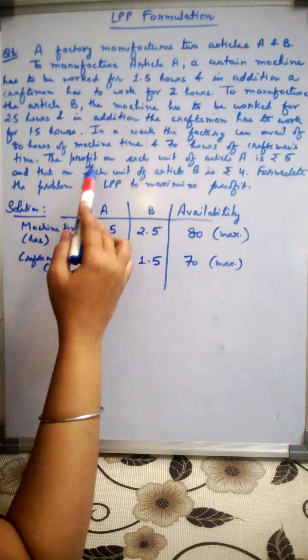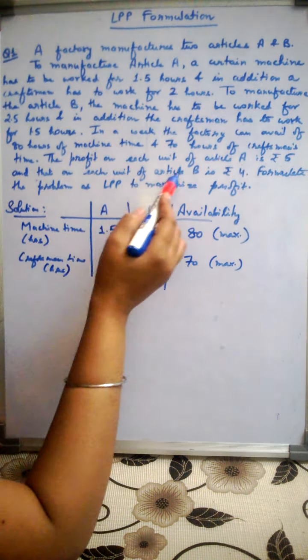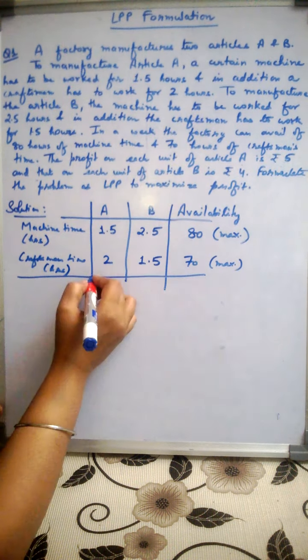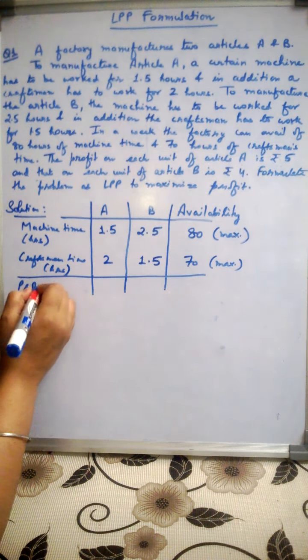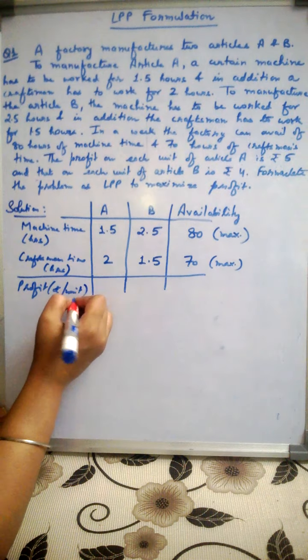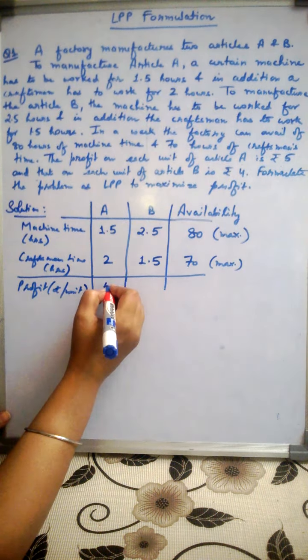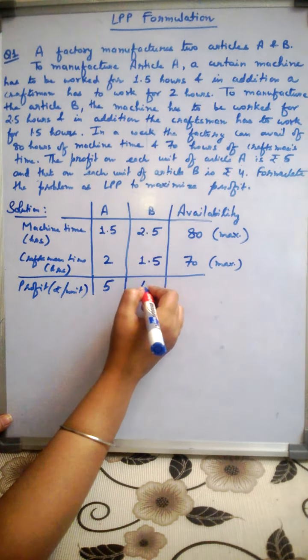The profit on each unit of article A is rupees 5 and that on each unit of article B is rupees 4. So we'll write down profit per unit here. Profit rupees per unit. So 1 unit of article A is fetching a profit of 5 rupees and 1 unit of article B is giving a profit of 4 rupees.